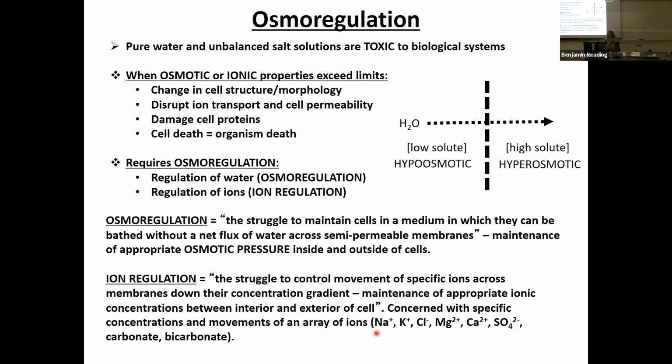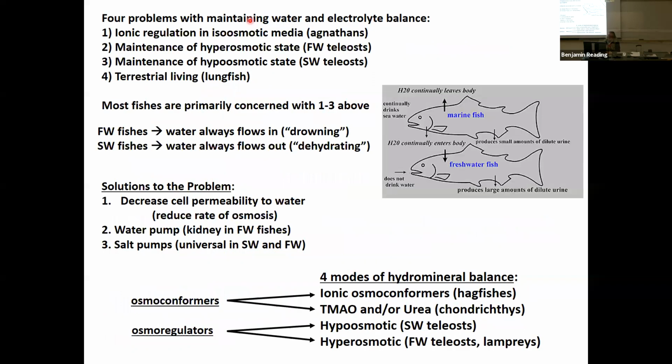Generally speaking, sodium, potassium, chloride, magnesium, calcium, sulfate, carbonate, and bicarbonate. And again, I talked last time about how most carbon dioxide in the blood is dissolved as carbonic acid, which then dissociates into a proton and bicarbonate. This is a very important one related to carbon dioxide production from metabolism.